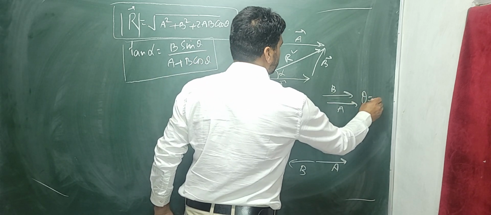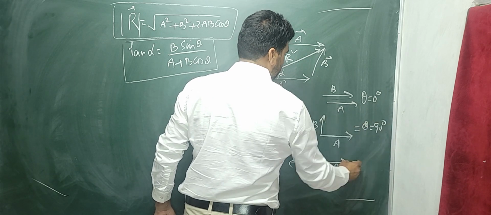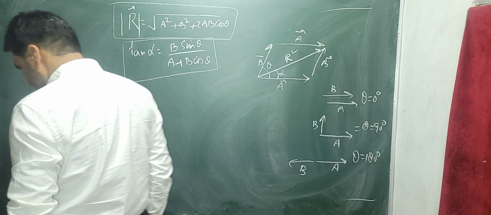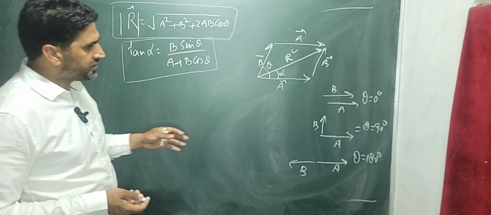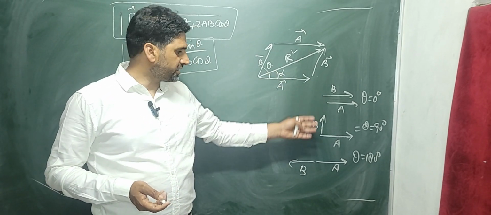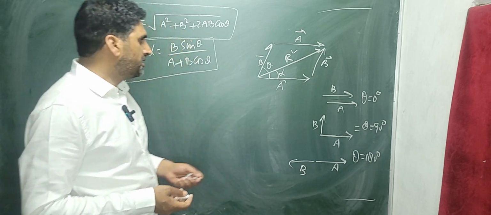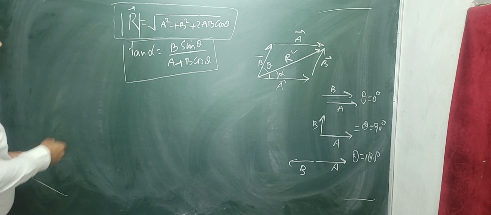Here theta will be 0 degree, here theta is 90 degree, and here theta is 180 degree. These three special cases can be calculated, and we can derive a generalized formula for the parallel vectors, anti-parallel vectors and the mutually perpendicular two vectors. So let us go one by one using this formula.